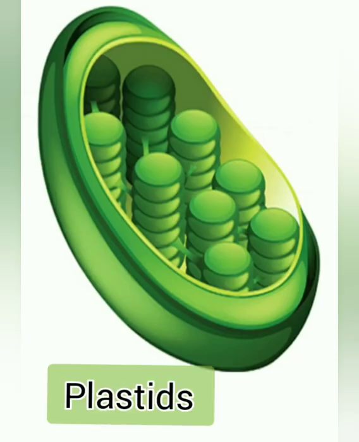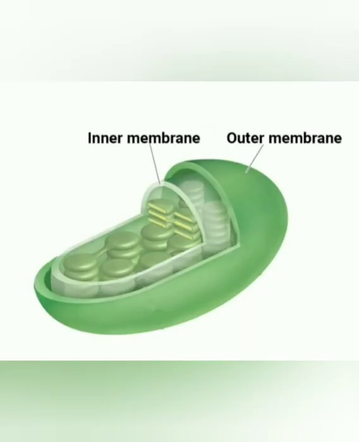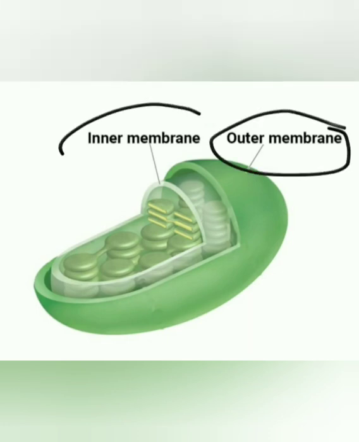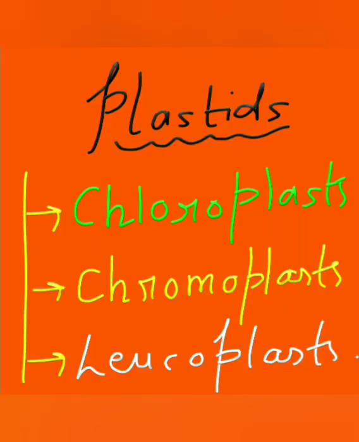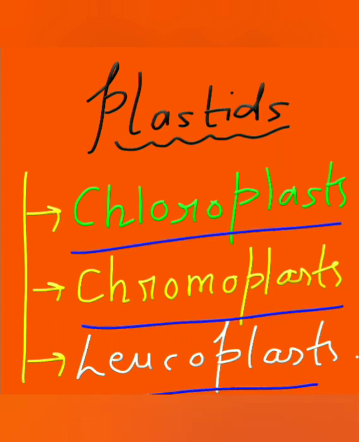The next structure is plastids. So these plastids are found in plant cells and they are bound by a double membrane, that is the outer membrane and the inner membrane, and can be oval, spherical or discoid in shape. So based on their color, plastids are classified into three types. They are chloroplasts, chromoplasts and leukoplasts.